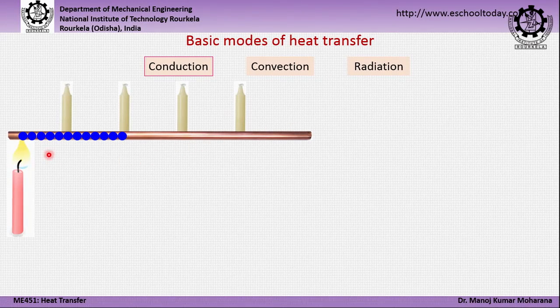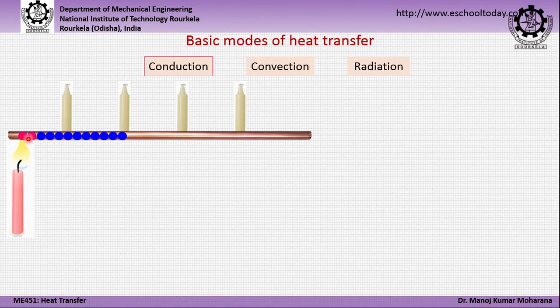So, now here we will go for the microscopic view of this metallic rod. Here I have represented one row of molecules present in this metallic rod. The molecule that is exactly above this candle will first gain some energy and its temperature will go up. Then it will give some energy to its neighbor because of its interaction with its neighbor molecule.